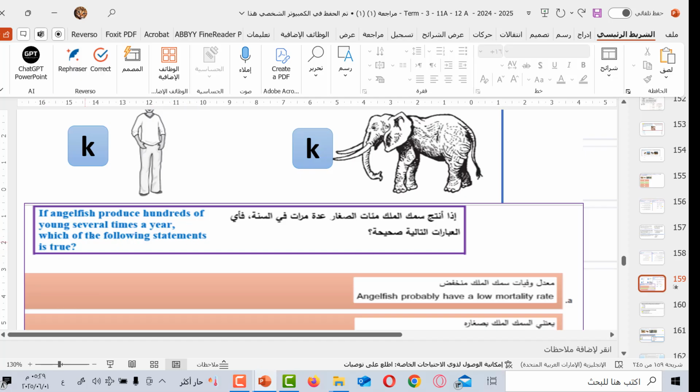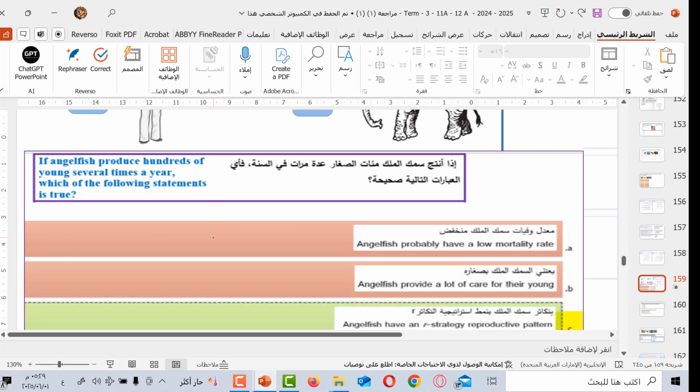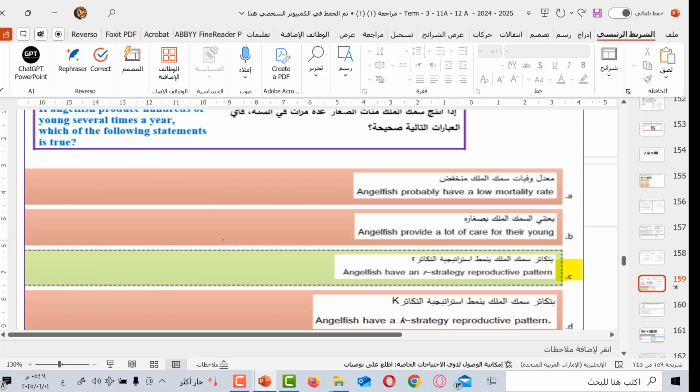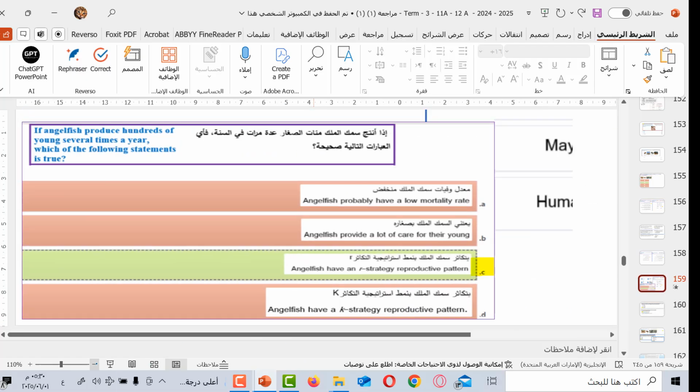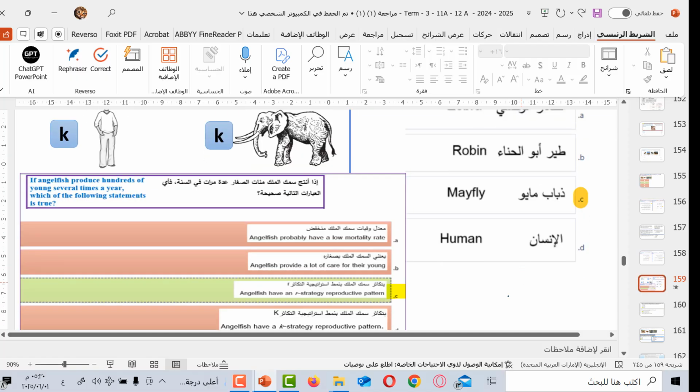Which of the following statements is true؟ لو سمك الملك ينتج مئات الصغار عدة مرات في السنة، طبعا ده معروف، طالما عدة مرات في السنة فأنت بتتكلم على الآر استراتيجي. Angelfish have an R strategy اللي بيسموها rate strategy. K from carrying capacity strategy, R from rate strategy. اوكي. طيب لا سوري، كان في سؤال تاني هنا، دي اتكلمنا عليه وشفناها خلاص.